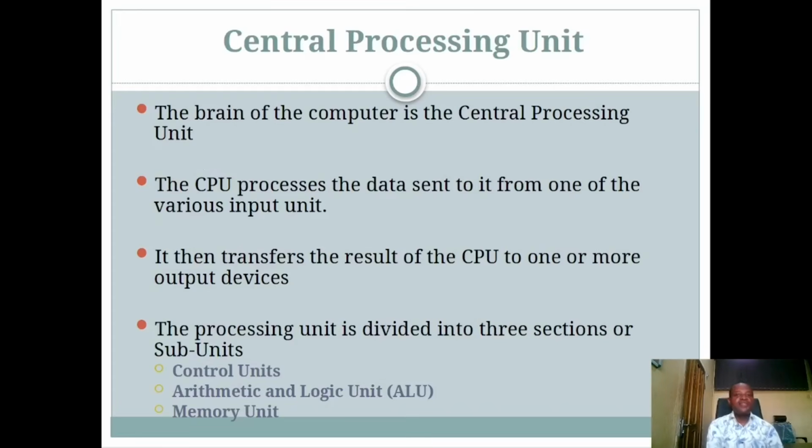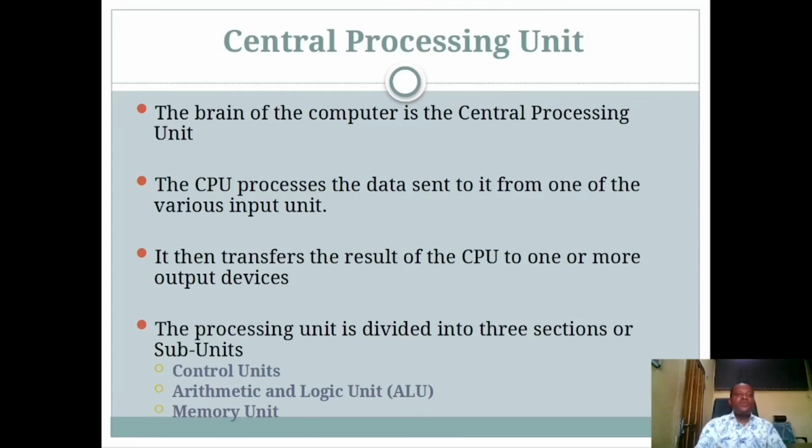The central processing unit is otherwise referred to as the brain of the computer system. We call it CPU. It's the brain of the computer system. This is where the computer system does its thinking. This is where the computer system does its processing. This is where the computer system does analysis of data, comparison of data. Whatever activity the computer system carries out is domiciled in the central processing unit.